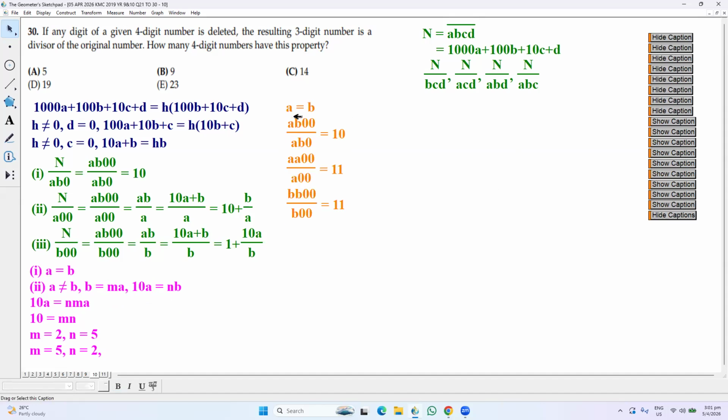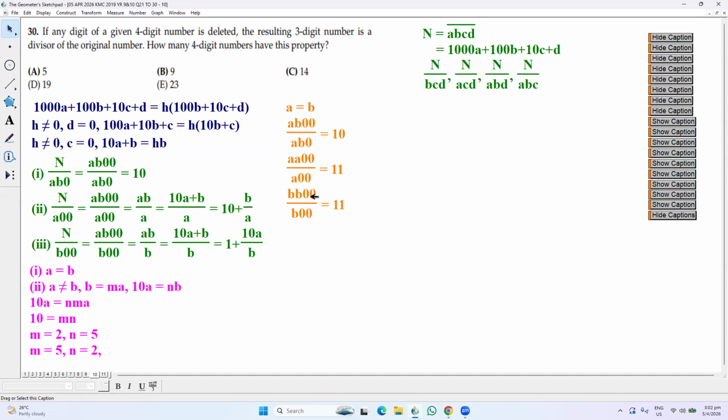So we look at A equal to B first. If A equal to B, AB become the first case. A equal to B, I don't have to change because I cancel the 0 only. Then I always get 10. If I delete the 0, the last case, then I always get 10. But if you write AAB0 with A equal to B, and delete the B, you get A0.